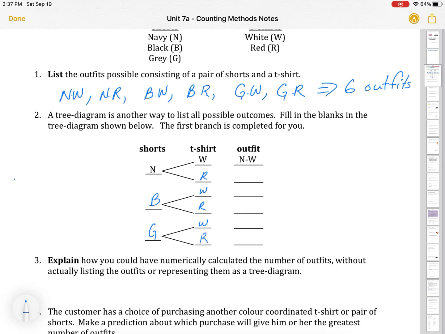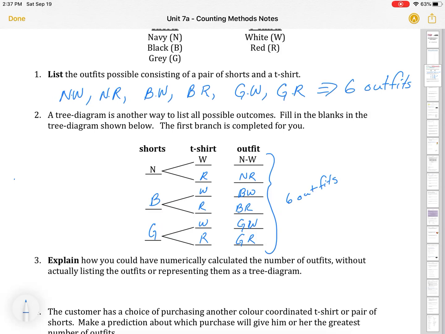For t-shirts, we had white and red, white and red, white and red. And this allows us to build out all of our combinations. So navy and red, black and white, black and red, gray and white, gray and red. Okay, and as you can see, again, we have 6 outfits.